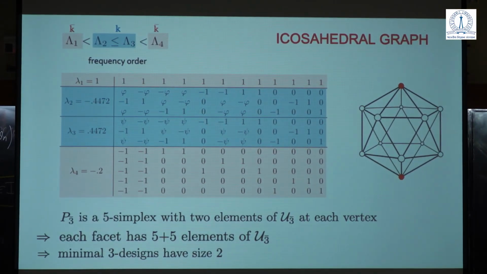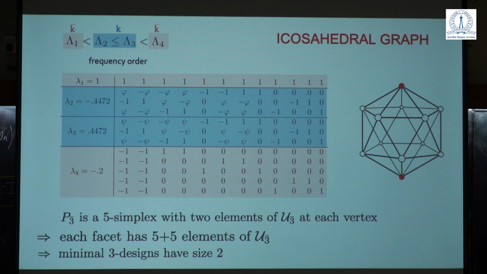Do you know how many facets there are for a simplex? Just extrapolate from triangle, tetrahedron. Triangle, 2-dimensional, 3 facets. Tetrahedron, 3-dimensional, 4 facets. 5-dimensional simplex, 6 facets. So there should be 6 minimal designs, each of size 2. This is okay? All right.